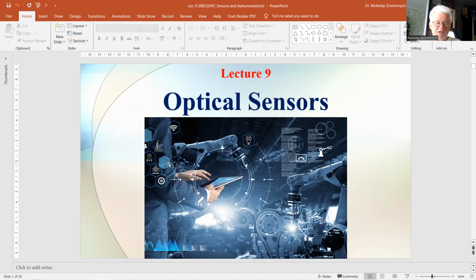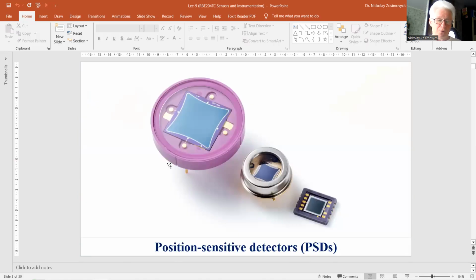This subsequent section deals with methods on how to build up sensing systems for the measurement of position and displacement using such components. Special attention is given to the position-sensitive diode, PSD, optical triangulation, and interferometry.